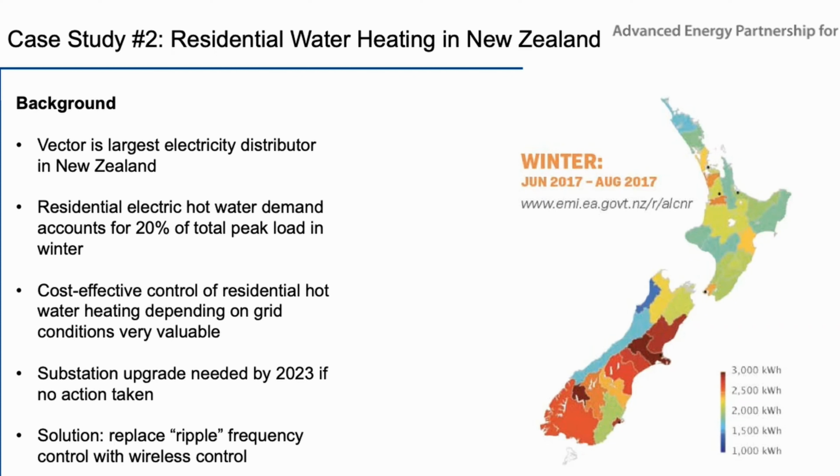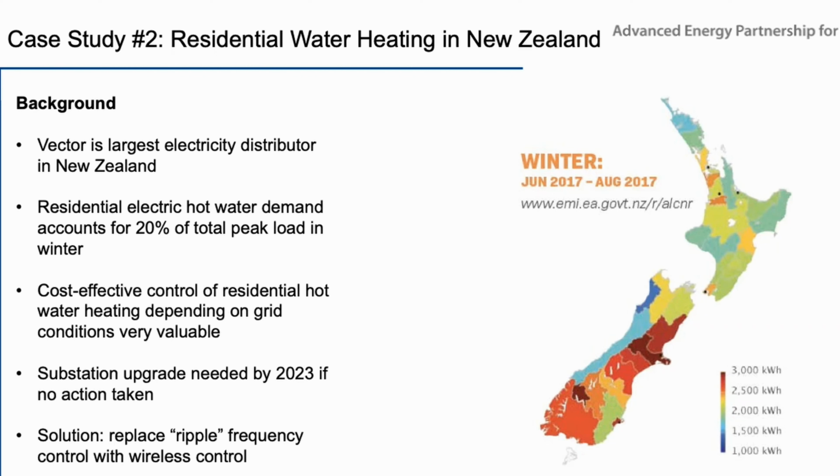So if you're able to provide a cost-effective way to control residential hot water heating, it can be very valuable to the grid. In this case, Vector was facing the requirement that a substation would need to be upgraded by the year 2023 if they didn't take action to reduce the peak load there.